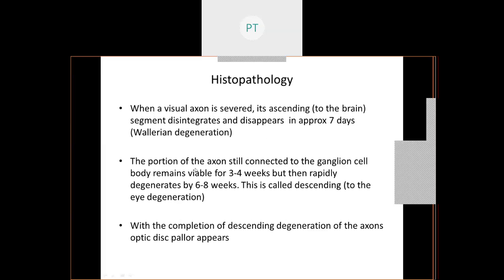The portion of the axon which is still connected to the ganglion cell body remains viable for at least 3-4 weeks, but then it rapidly degenerates by 6 to 8 weeks. This is called descending degeneration, that means towards the eye. And when this descending degeneration is complete, optic disc pallor will appear.